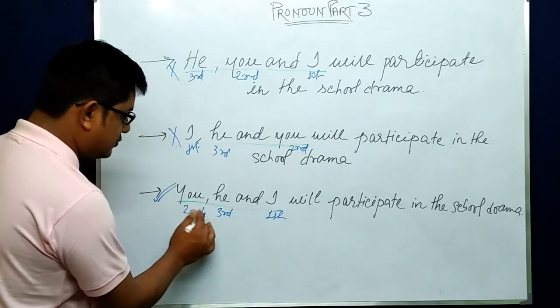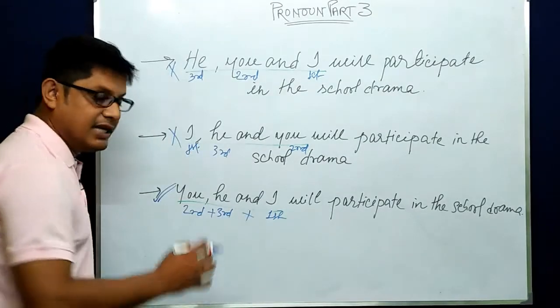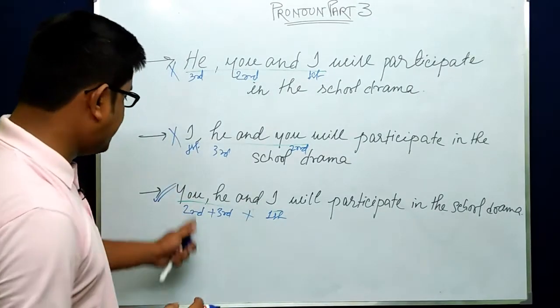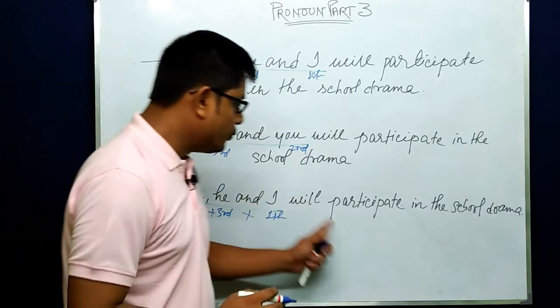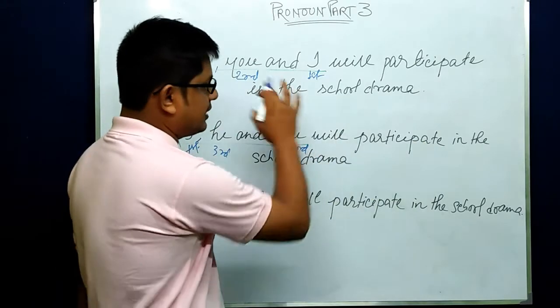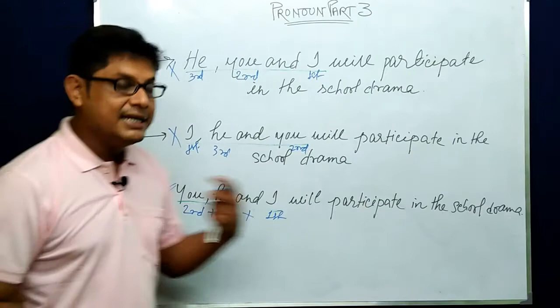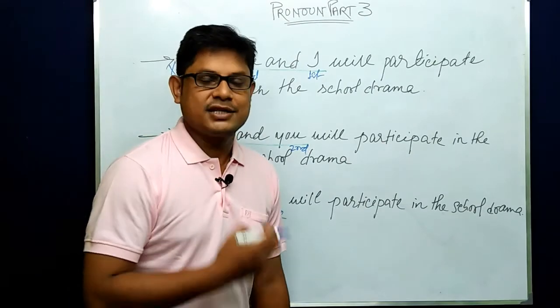At first we use the second person, then the third person, and then the first person. The sentence is, you, he, and I will participate in the school drama. It has the same meaning in all three sentences, which indicates something positive and a good manner.